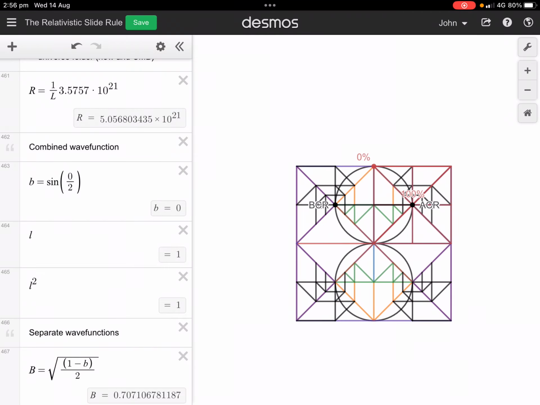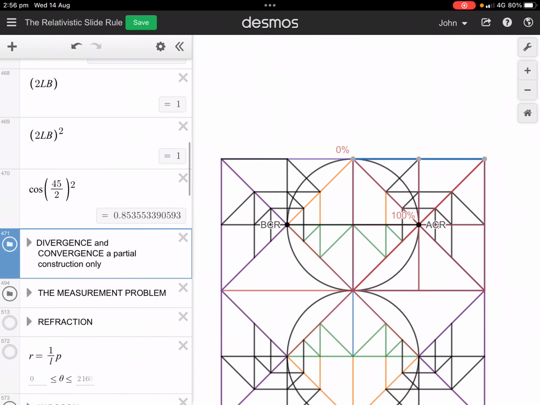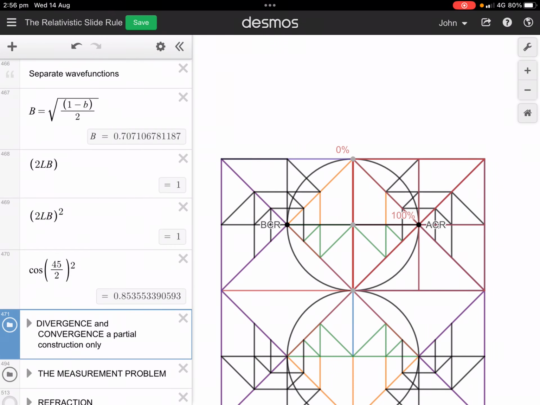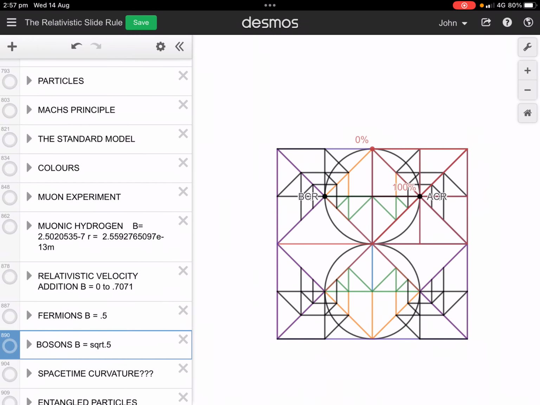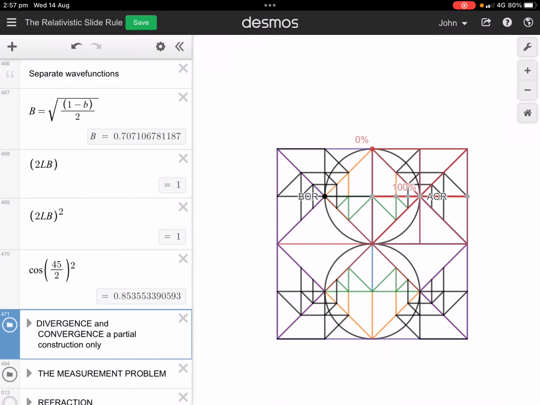So you can see here that I've still got it on divergence and convergence. You can see there's still a bit of stuff there, but it's not diverging or converging. So it's like the wave function has just disappeared, and I've got a measurement here which is 100%.